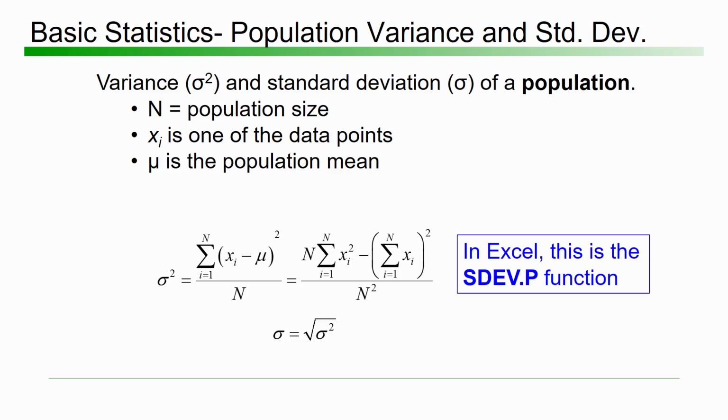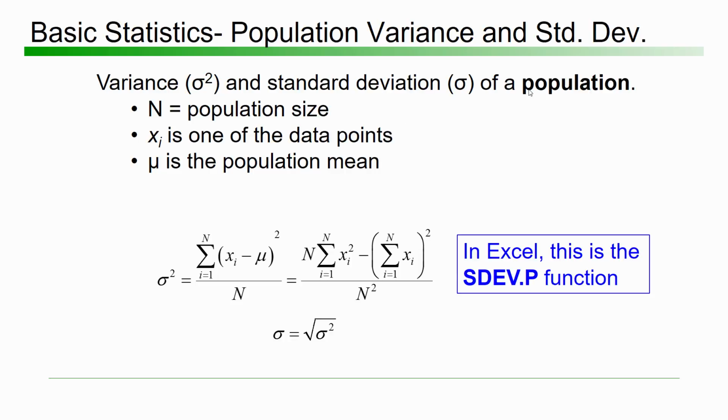If you want to calculate variance, then that is calculated according to the formula here. Now, this isn't a formula that I would expect you to memorize necessarily, but you can use it as a function in Excel using STDEV, standard deviation, and the P means for a population.